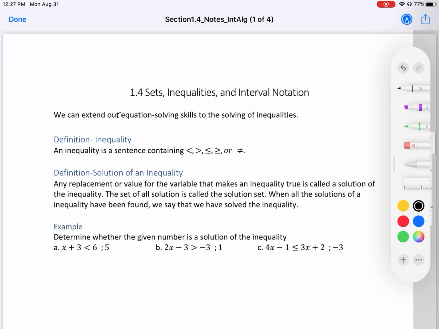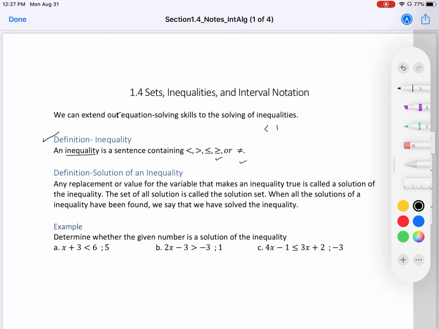Our first definition, inequality. An inequality is a sentence containing one of these statements: less than, greater than, less than or equal to, greater than or equal to, or not equal to.